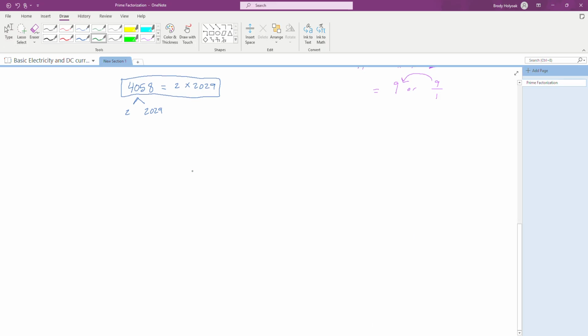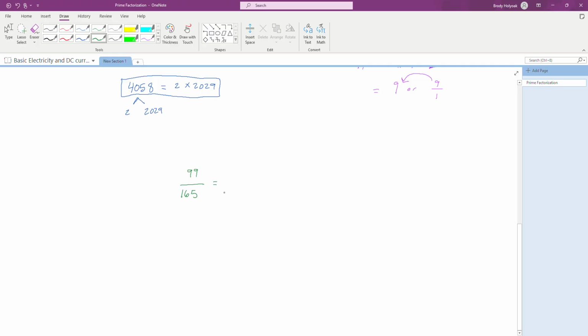If I have 99 over 165, I need to be able to reduce this down. Well, I don't think 165 is divisible by 11, so we'll check that. 165 divided by 11 is going to give us 15. Well, that doesn't really help us out here, but we can kind of break it apart.